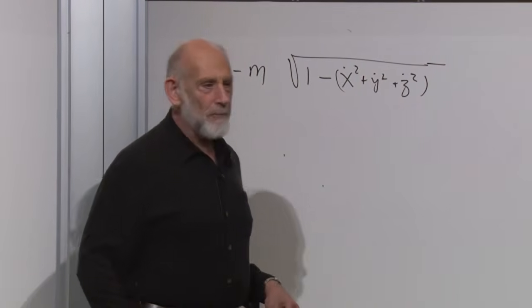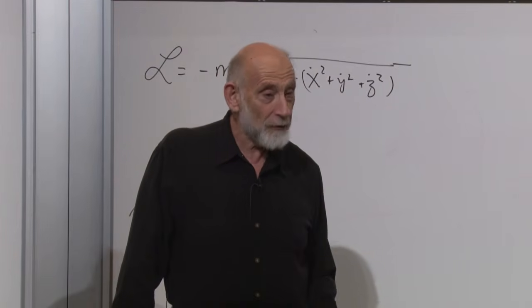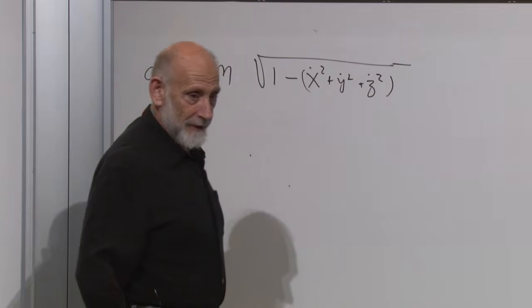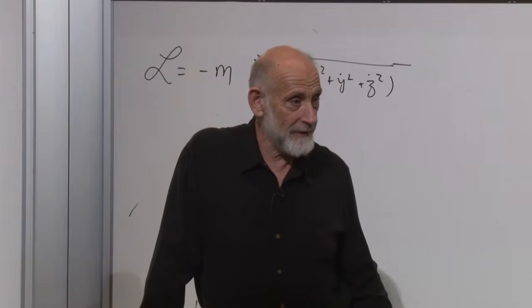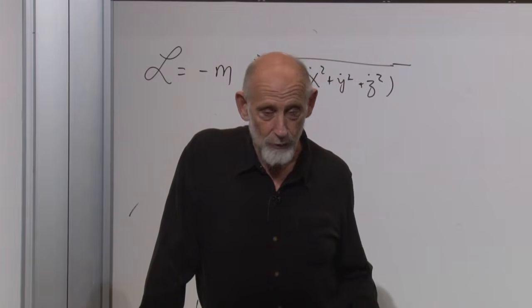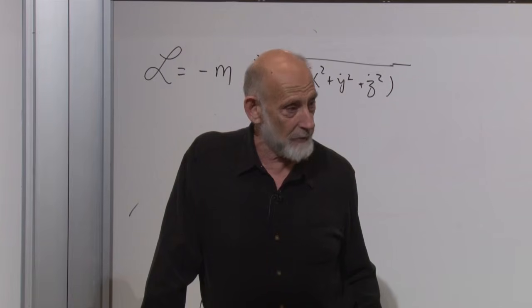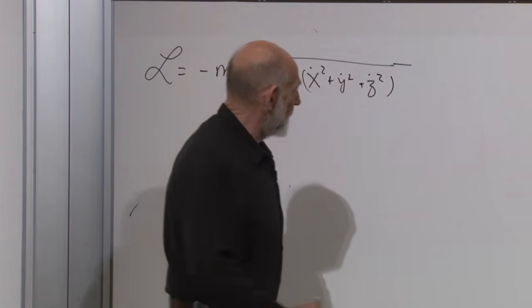It's not as simple as the usual Lagrangian that Lagrange first wrote down. What did Lagrange write down? He just wrote down the kinetic energy for the Lagrangian. I don't even know if he knew it was energy. He wrote down for the Lagrangian just 1/2 m x dot squared. That's nice and simple.